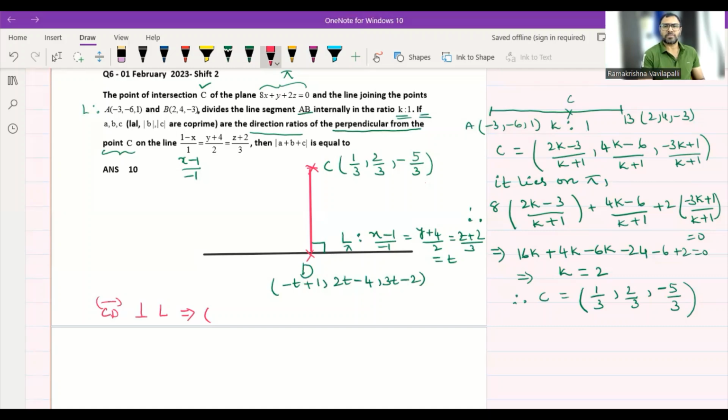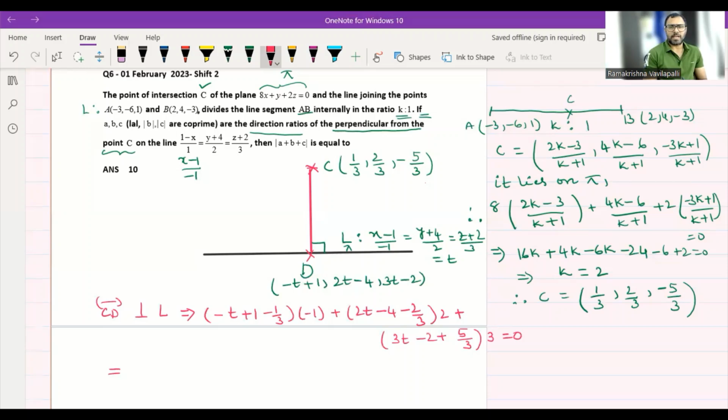So (-t + 1 - 1 by 3) into -1, plus (2t - 4 - 2 by 3) into 2, plus (3t - 2 + 5 by 3) into 3, equal to 0.